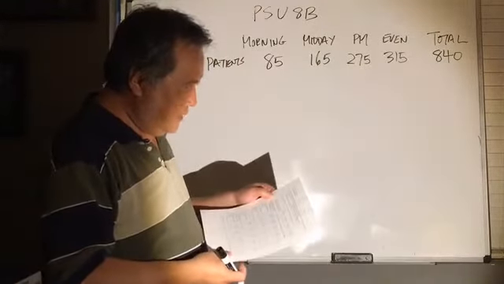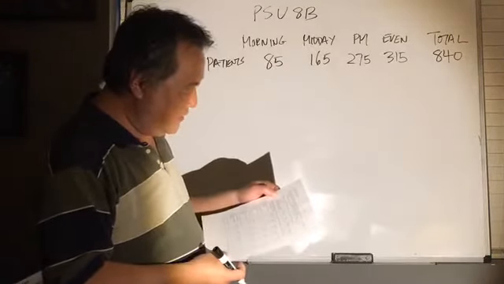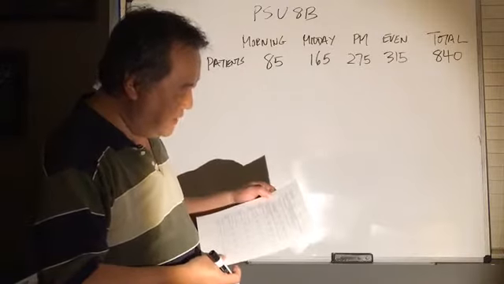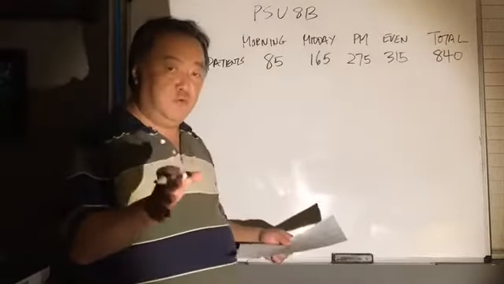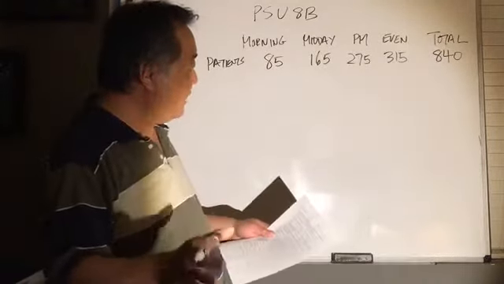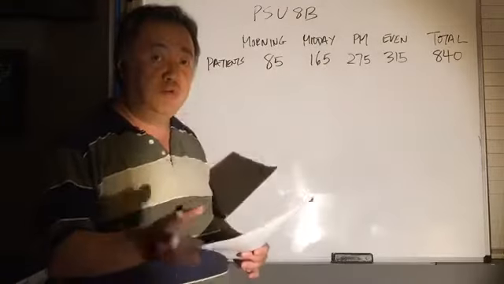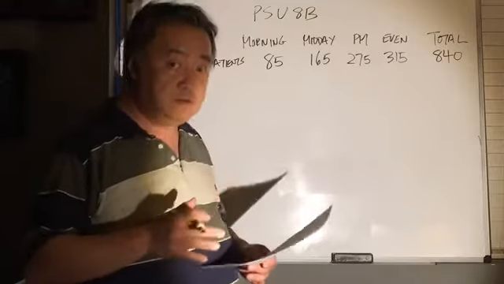Okay, so question number 1. Determine the standard divisor and initial quotas. Okay, round to 3 decimal places. Basically, what we need to do is figure out, with this number of patients, how many patients per nurse, right?